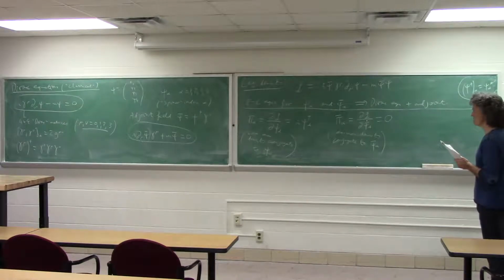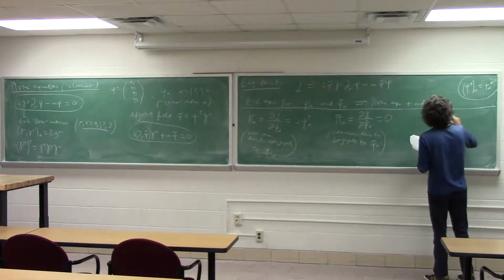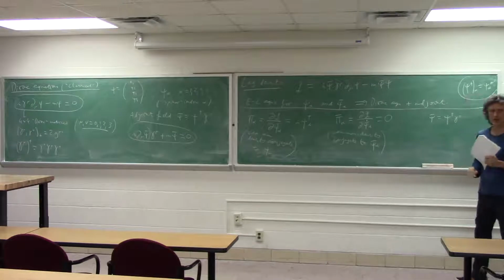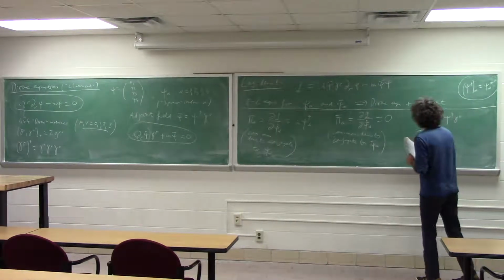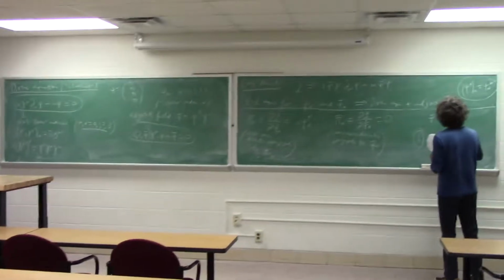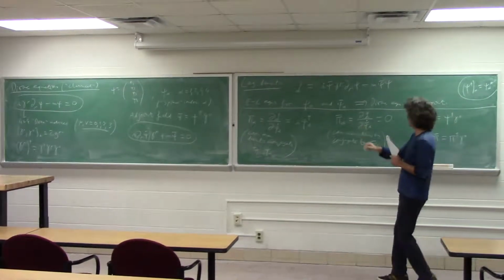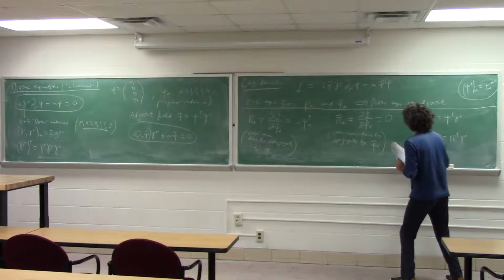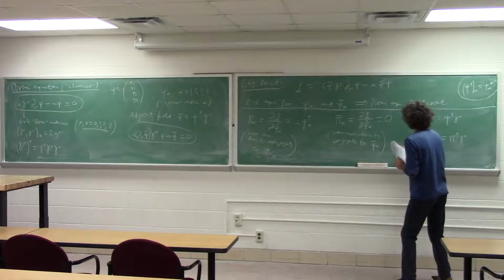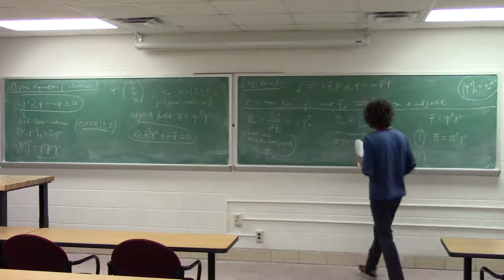Now here, there's a potential for confusion, because remember we defined psi bar to be psi dagger gamma 0. So you might think that, obviously, pi bar is pi dagger gamma 0. And pi, leaving off the index, is just i times psi dagger.